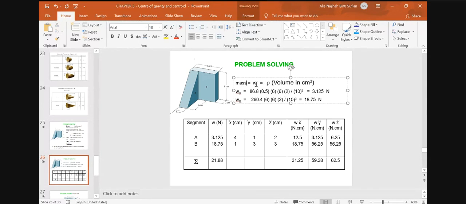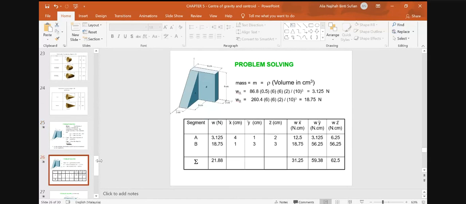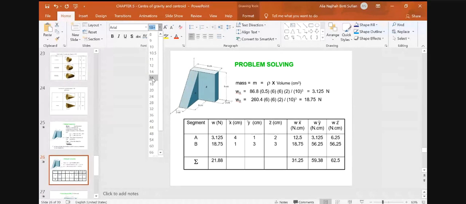The two blocks are of different materials, so we can use weight or mass, but when we use rho times volume, it gives you mass.